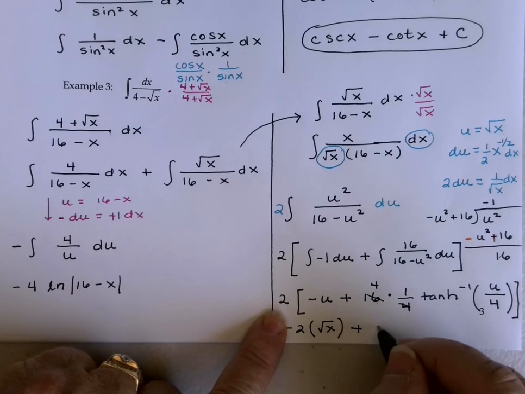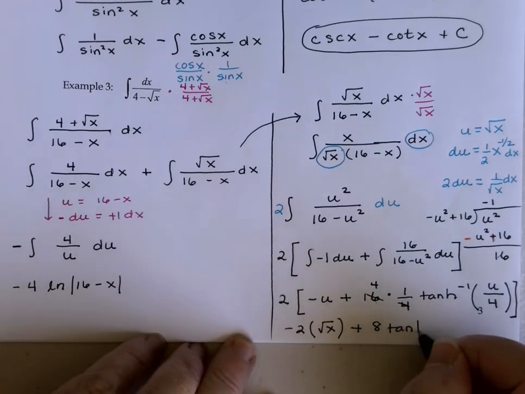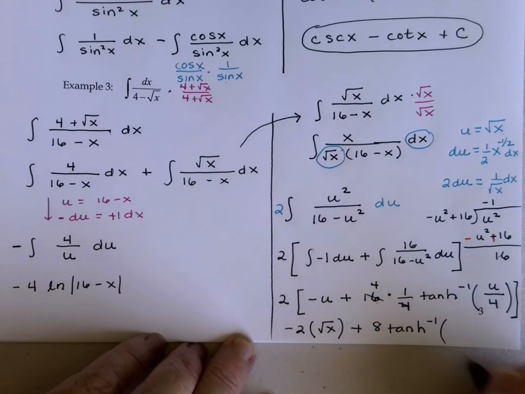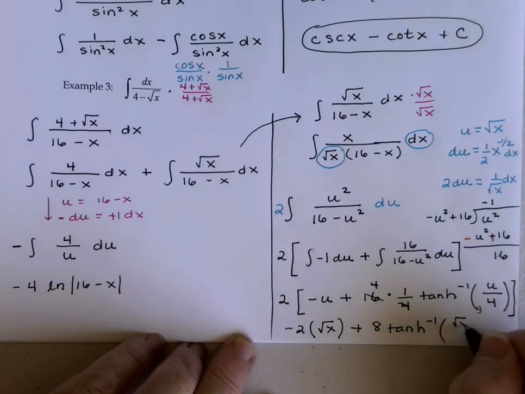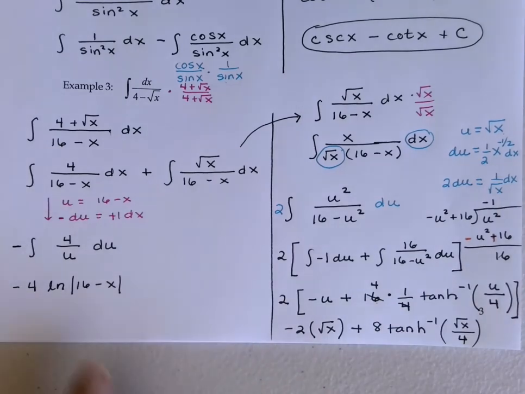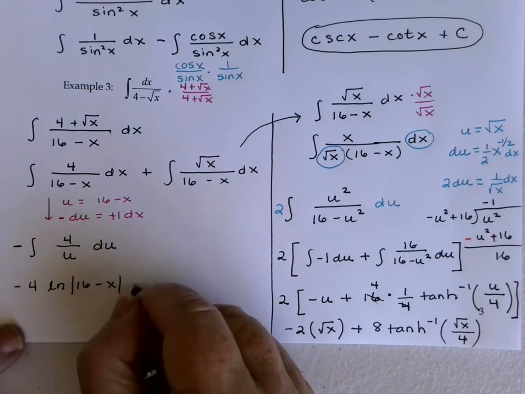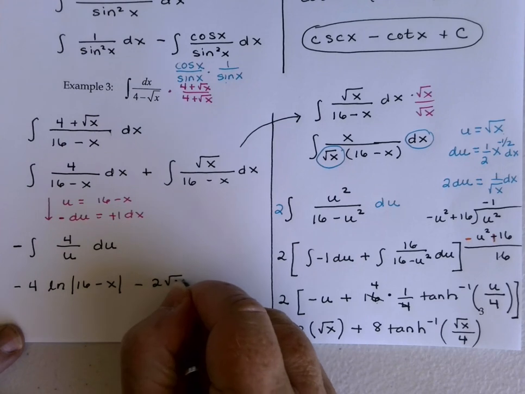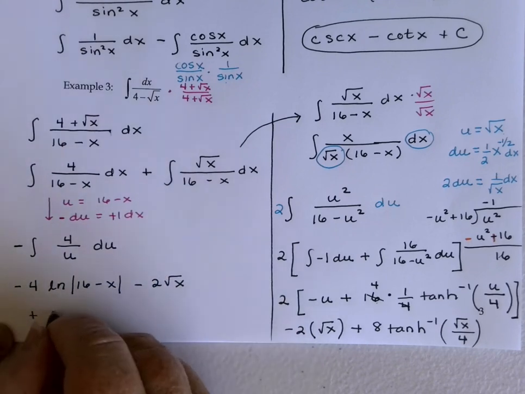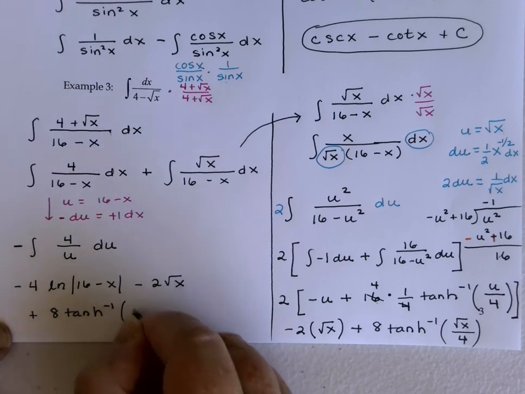Distributing the 2 times 4, I get 8 times the inverse hyperbolic tangent. Again, u was actually the square root of x over 4. And that's what I have to combine with what I had over here to get my final answer. So I'd have a minus 2 square root x, and then a plus 8 times that inverse hyperbolic tangent.